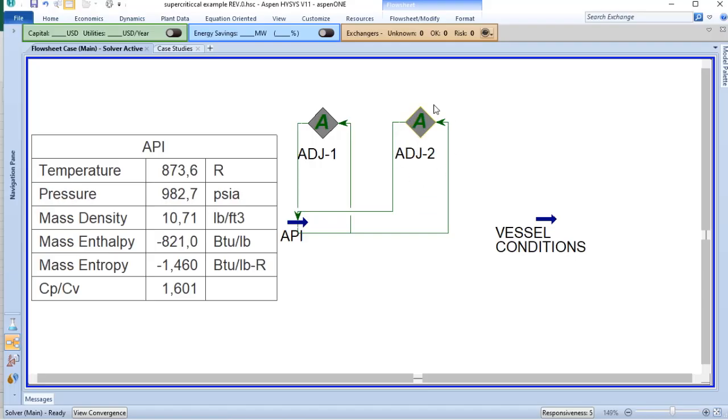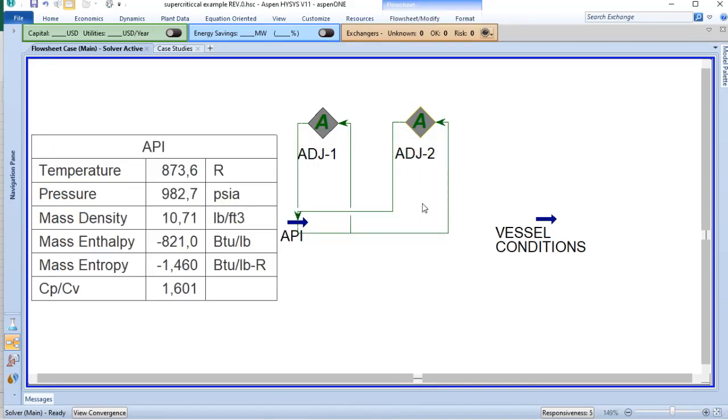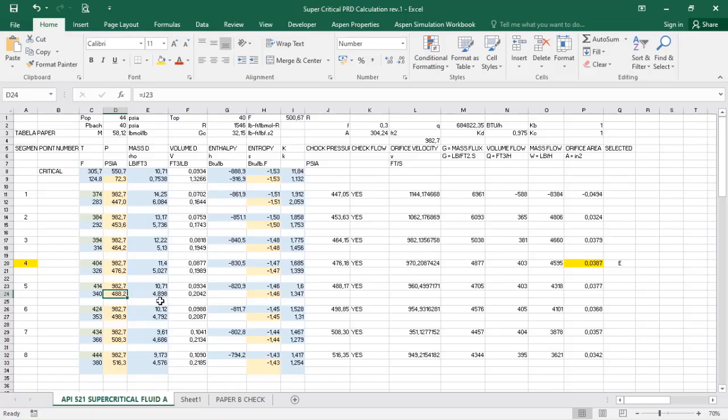Here I have a second adjust object to do the variation of the temperature to match my mass entropy. So for each pair of information, I will find the new temperature, and with the new temperature, I will get the properties of the fluid at that point. With that, I find the new mass density, calculate the new specific volume, and I also register the new CP/CV.